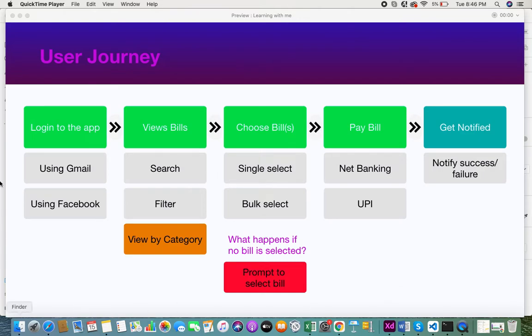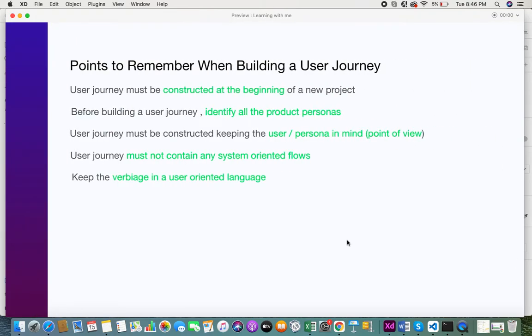So basically this is how you have a user journey map, and in order to build this map there are certain points that you need to keep in mind. The first one is, a user journey must be constructed at the beginning of a new project. When you're kick-starting the project, it's always good to start with the user journeys.